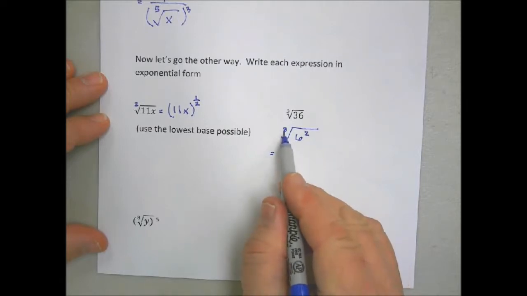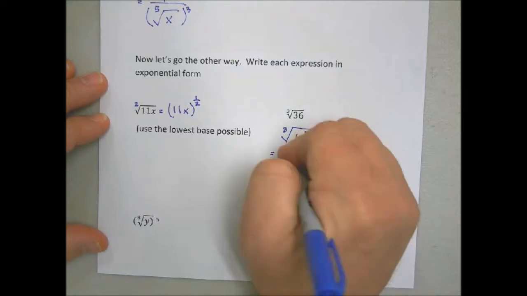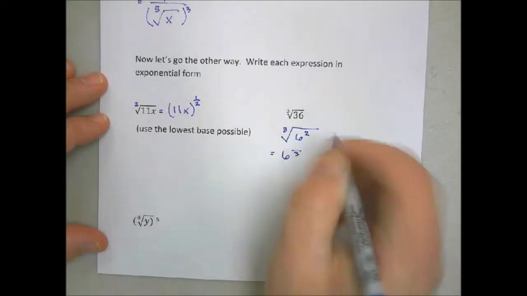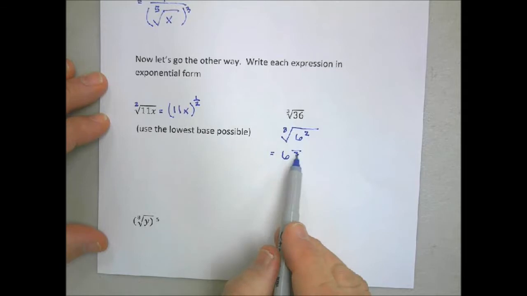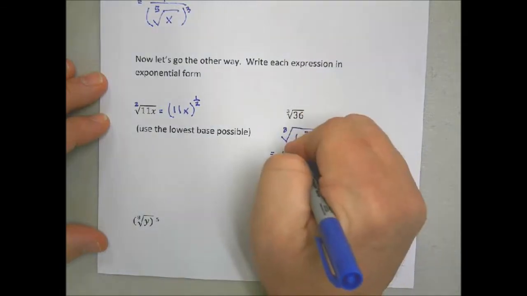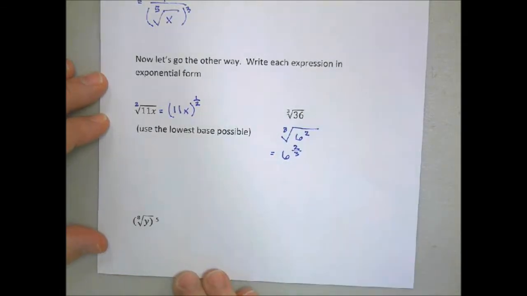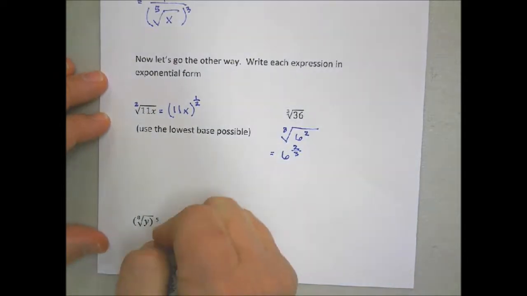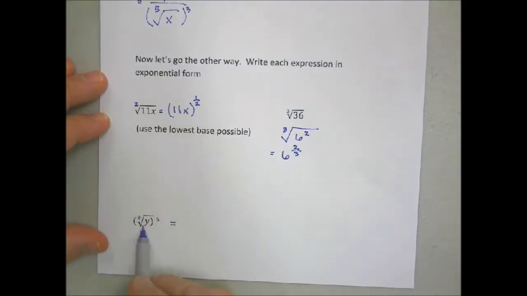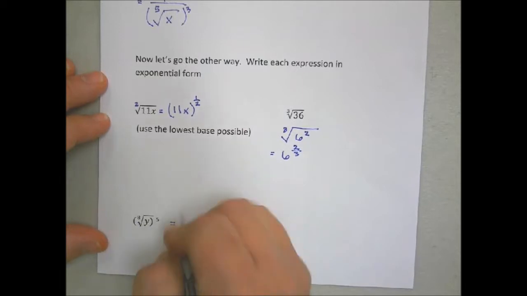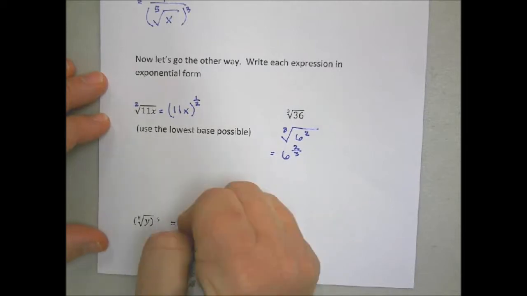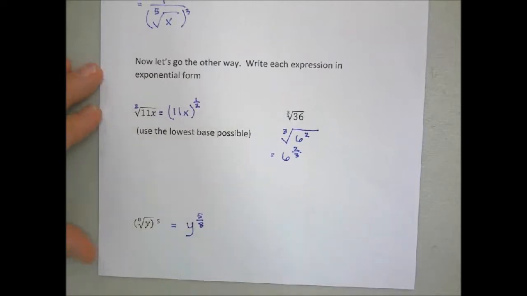Because remember, the index of the radical is the denominator of the fraction. So this 3 would go here, and that 2 would go there. And then this one is simply, I'm taking the 8th root of y and I'm raising it to the 5th power. That's the same thing as y raised to the 5/8 power.